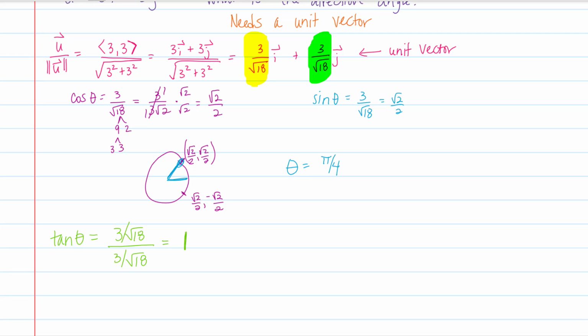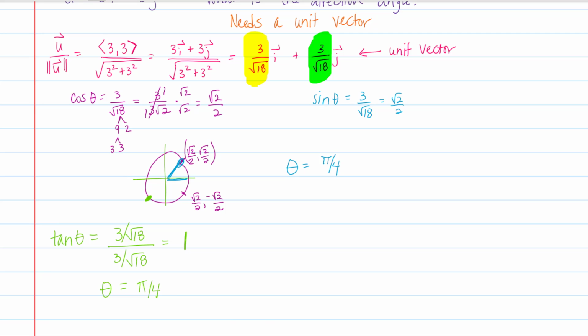Well, where is tangent 1? At pi over 4. How do I know I don't want this one in the third quadrant? Because there's another tangent that's 1 in that third quadrant, right? How do I know which one to pick? Well, when I look at this vector, I've got a positive and a positive. So it has to be in the first quadrant. It cannot be the one in the third quadrant. So sometimes it's easier to just use tangent to begin with than it is to split it into 2 pieces.